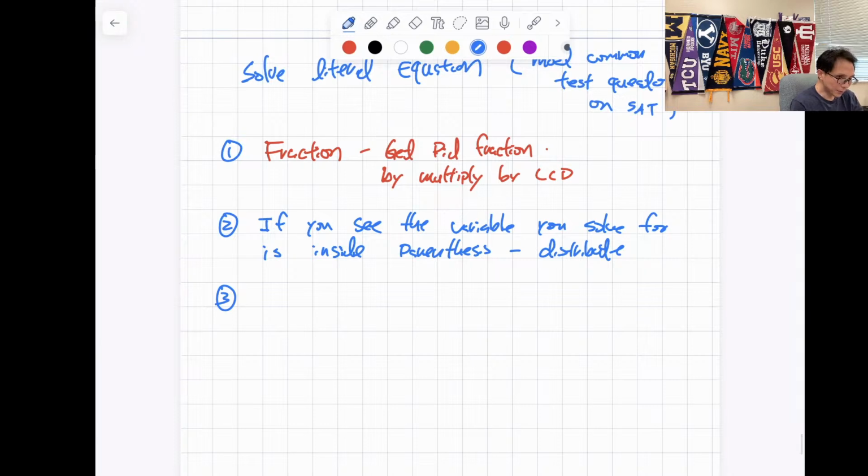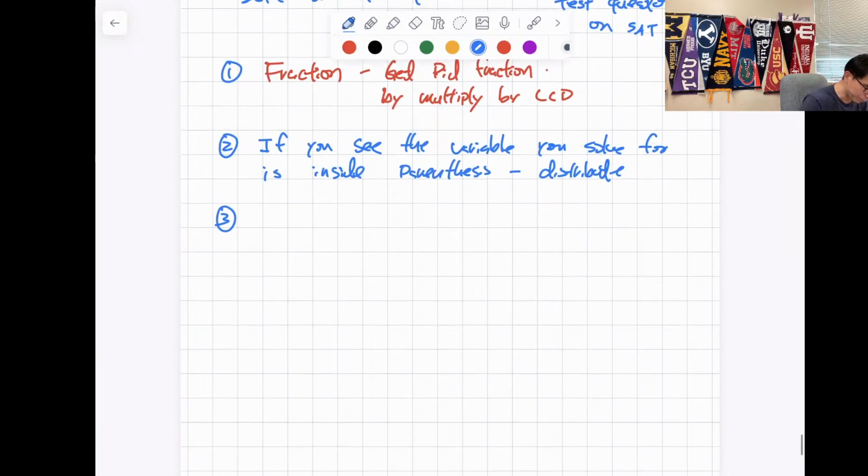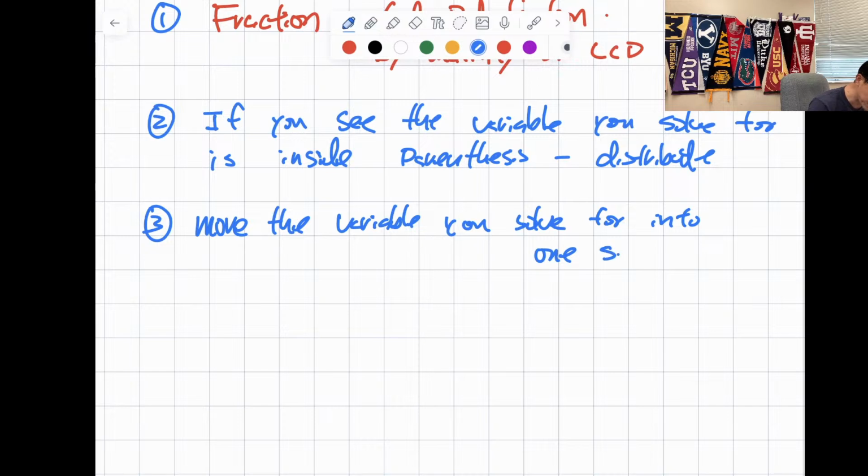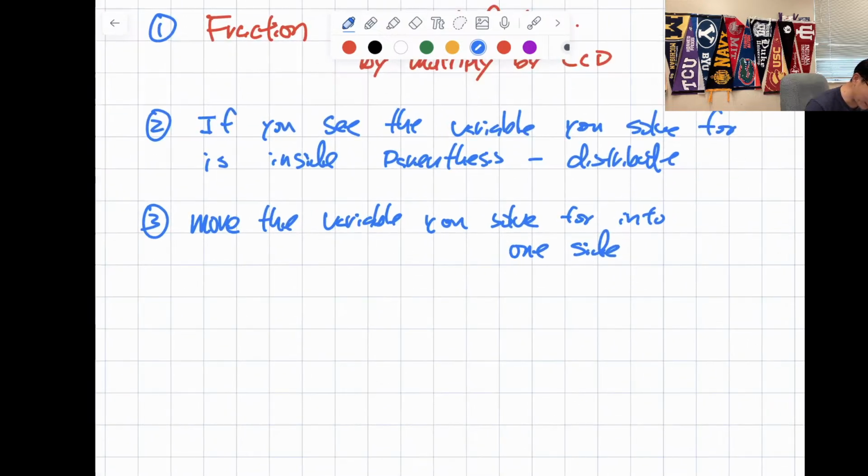Two. If you see the variable you're solving for is inside a parenthesis, you distribute. Three. Move the variable you solve for into one side. So always isolate them. We talk about a lot of isolation.